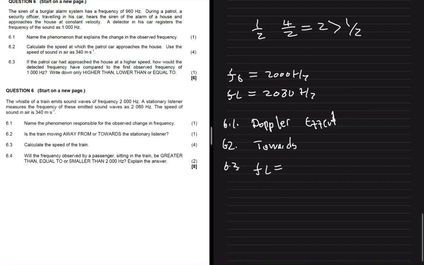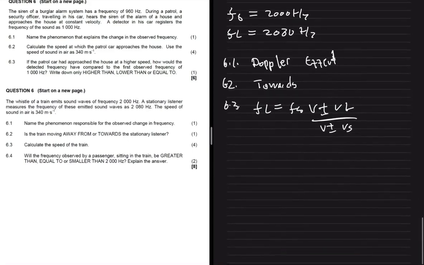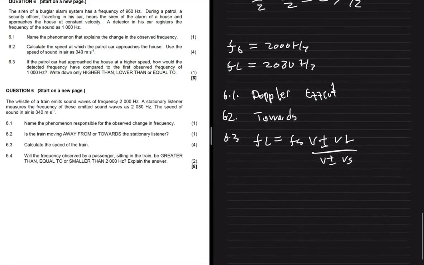F of L equals F of S. Sticking to the basics again, the formula we use is V plus or minus VL, divided by V plus or minus VS. The observed frequency is 2080 Hz, equals 2000 Hz. The speed of sound in air is 340.